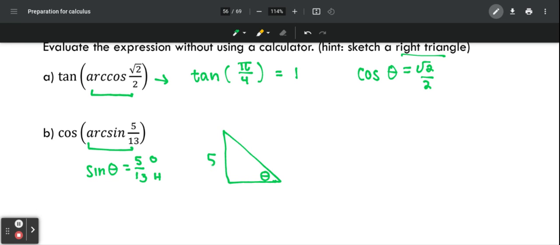So our opposite side is 5, the hypotenuse is 13, and this question is really then asking, what is the cosine of theta? Because remember, when you're doing your inverse sine or arc sine, you're solving for a theta. If you used the Pythagorean theorem, you would find out that this side down here is 12, and the cosine of this triangle would be 12/13.